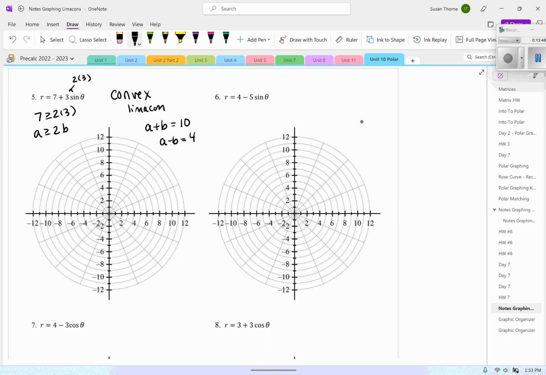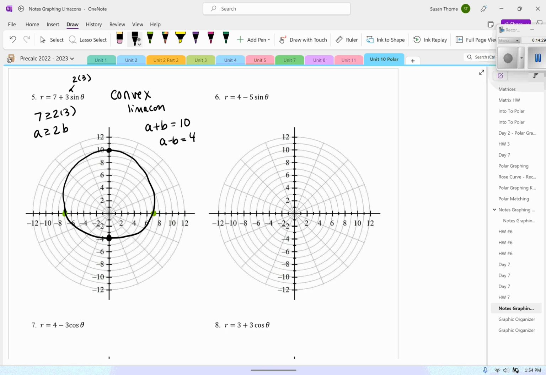Because this is sine, we're going to go up 10 and down the other direction 4. And then our other intercepts would be plus or minus 7. It's that A value, plus or minus the absolute value of A. And then we know that this is going to look more circular, with the flatter side being at that 4. So this side would be the flatter looking side.